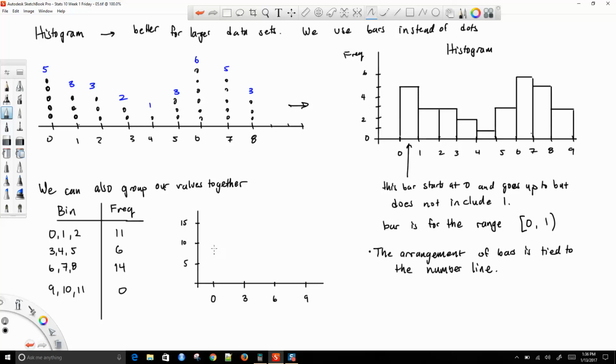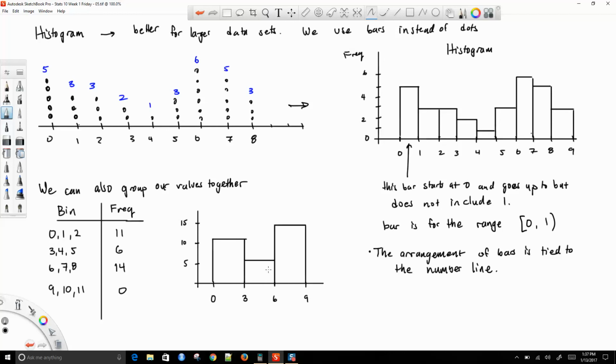I have a bar going up to 11, this one goes up to 6, and this one goes up to 14, or something like that. So all we are doing is, depending on your data, it might make sense to group some of our values together so we have fewer bars to deal with.